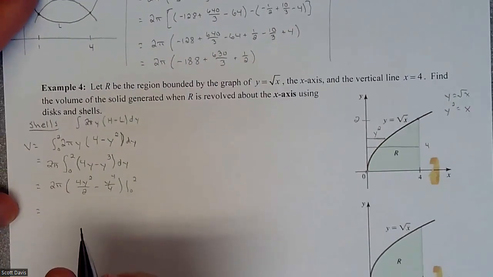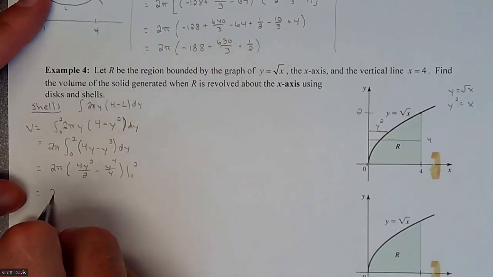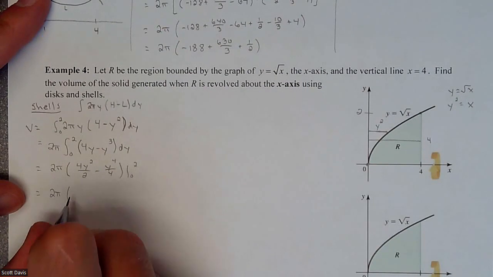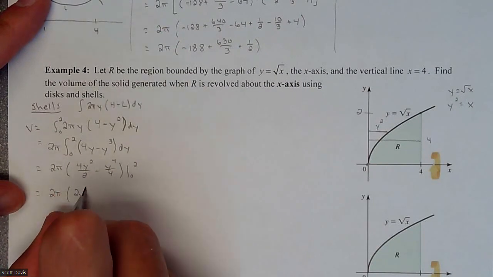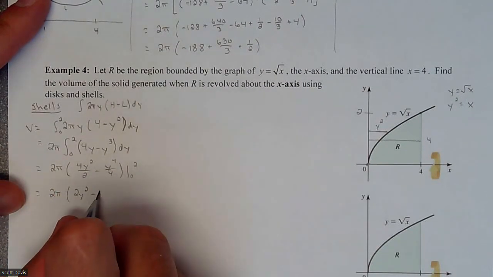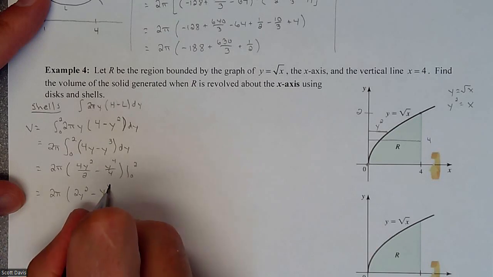Simplifying, 2 pi times 2y squared minus y to the 4th over 4.